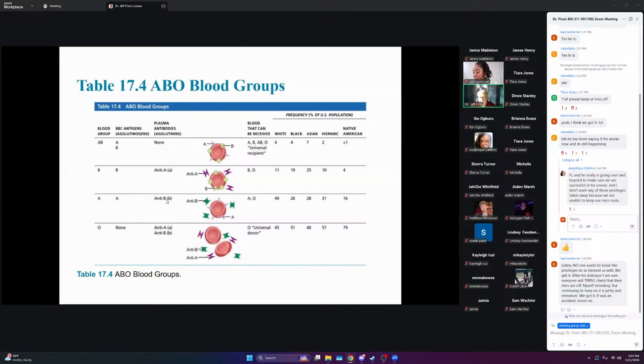Therefore, the antibodies in your system, because A is all right for you, that's your normal, you're going to have antibodies flowing in your bloodstream, watching out for B antigens. So if someone with blood type A is given a transfusion of blood type B, these antibodies, which are monitoring and hunting for B, will latch on and clump them up, and we'll have a bad reaction.